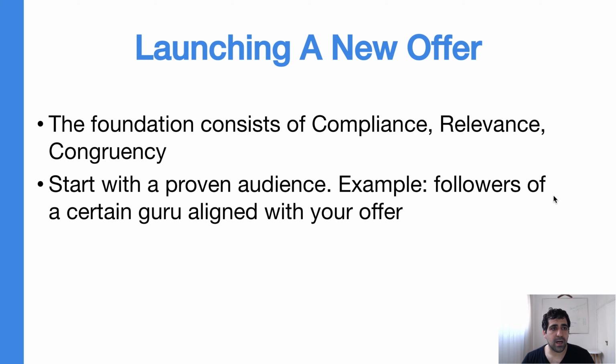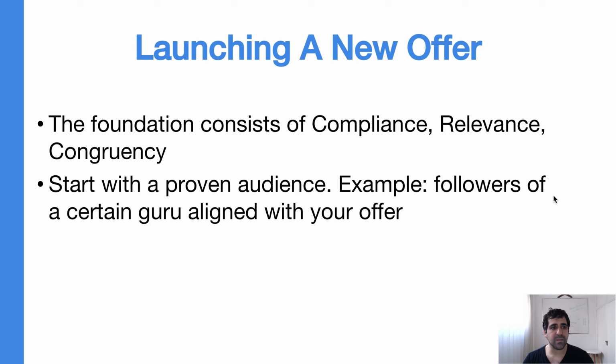When you are launching a new offer, you want to start with a proven audience that you know is going to work. You are certain that's going to work for that offer, right? For instance, you can use the followers of a certain guru aligned with your offer, like everyone who is following, for instance, Russell Brunson, who is in the digital advertising and funnels space.